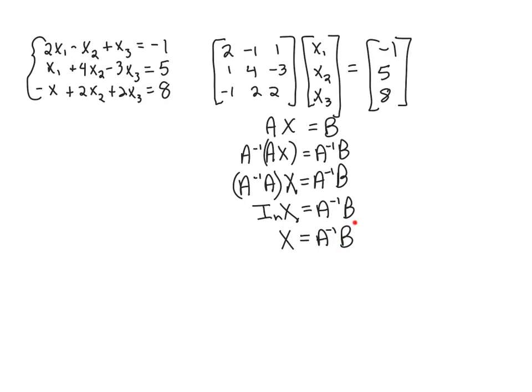Whatever this B is, the B will change, A inverse will not. And all you have to do is multiply matrices, multiply, multiply, multiply, and you can get every single answer, boom, boom, boom, without having to resolve your system over and over and over again.